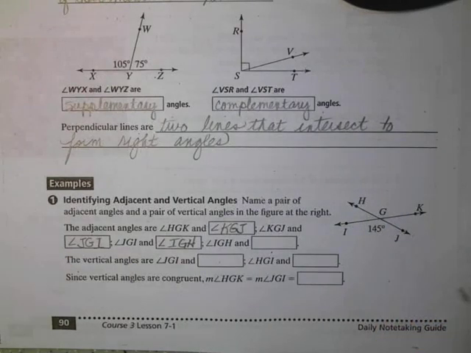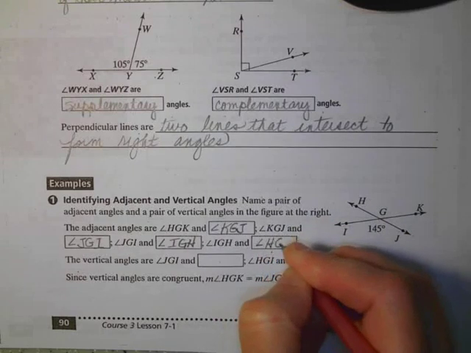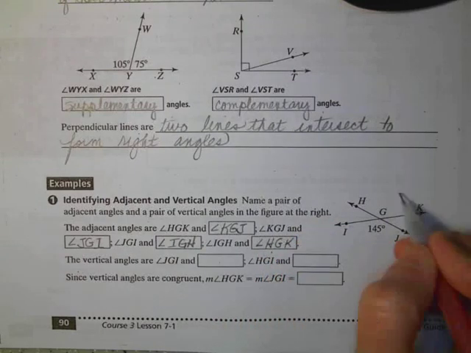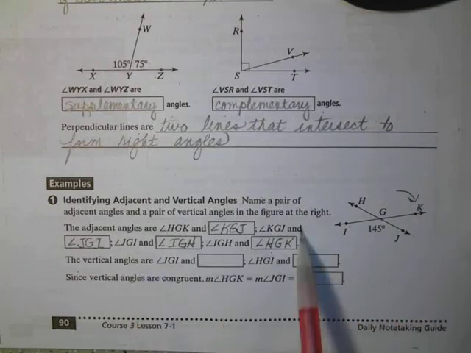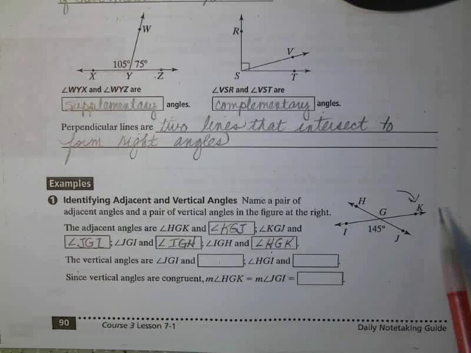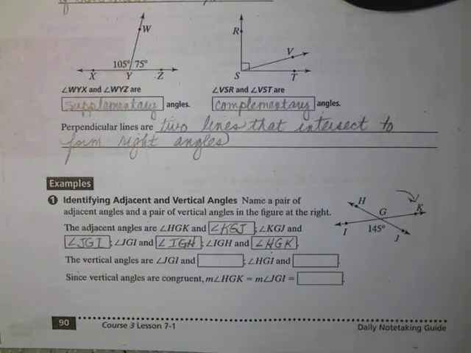And finally, IGH is adjacent to angle HGK. I went about this in a clockwise motion just to follow the pattern that they had laid out here as well. Really, this only asks for one pair, so if this were a question on a test, you would really only have to give me one. We picked out all of them.